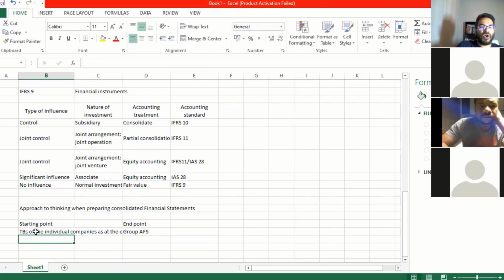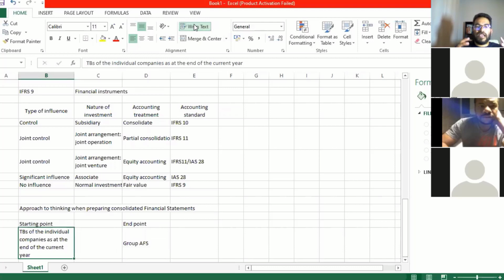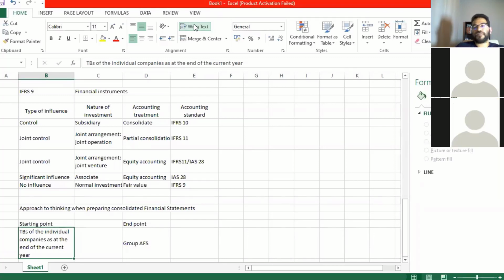That is your starting point. It is the trial balances of the separate and individual companies as at the end of the current year.